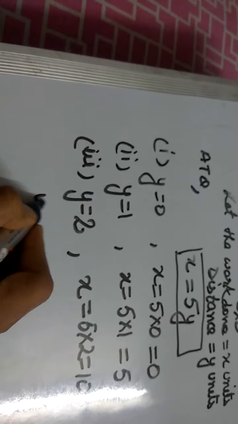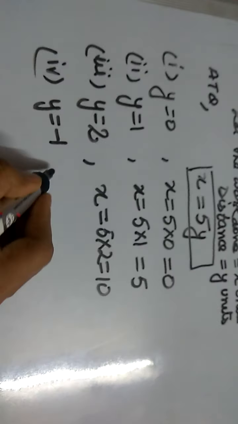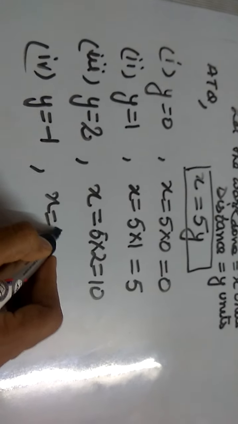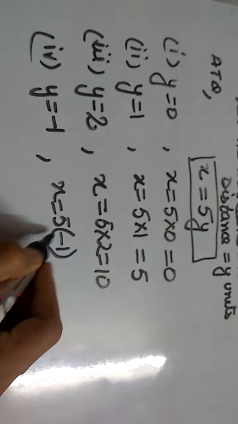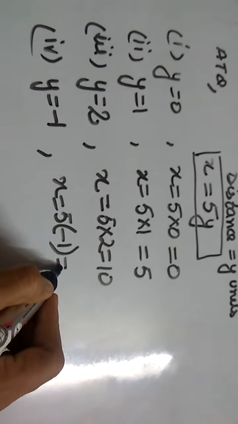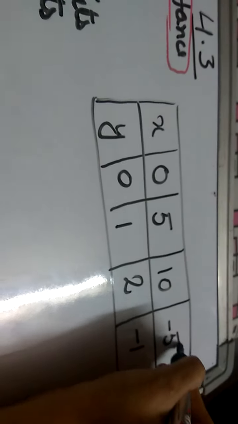So when y is 2, x is 10. Let us take y is equal to -1. So what do we get? x is equal to 5 into (-1), which is -5. So when y is -1, x is -5. So dear students, in this way you will get the coordinates for this equation.